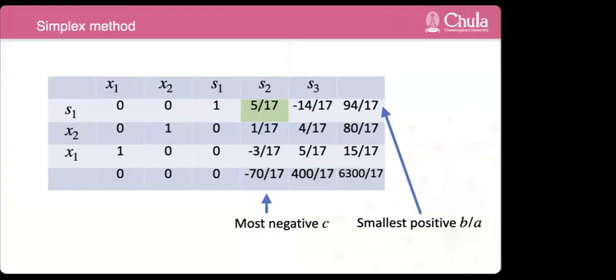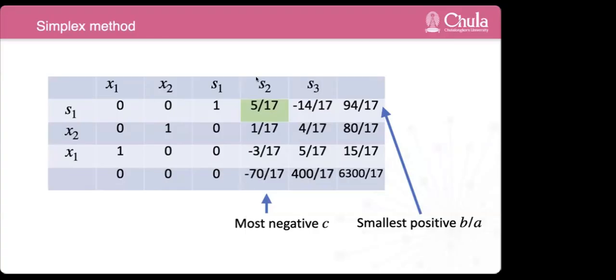We are at the third round. Not finished yet, because we still have negative coefficient here. So you see that if we allow S2 to increase, we can further reduce the objective function.